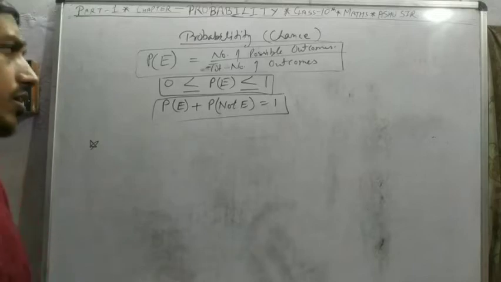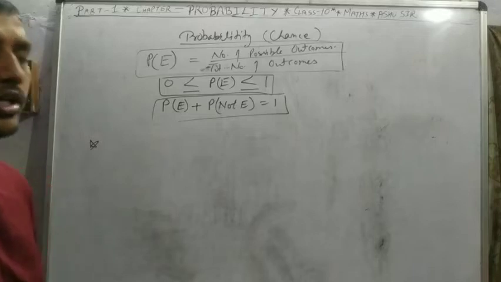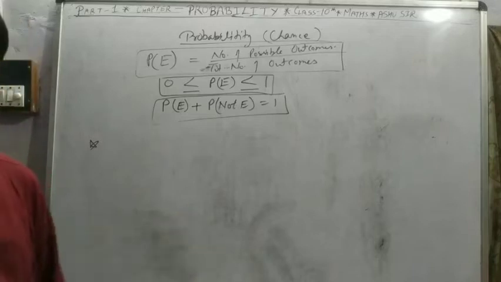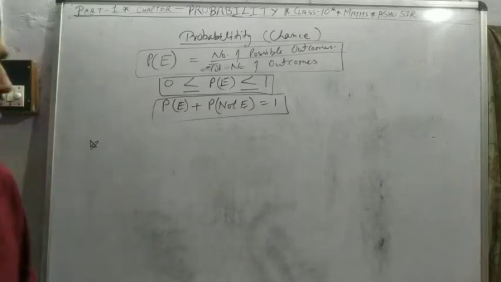Event means any type of event that we have to occur: throwing the dice, tossing the coin, choosing a playing card, choosing a ball or a person.